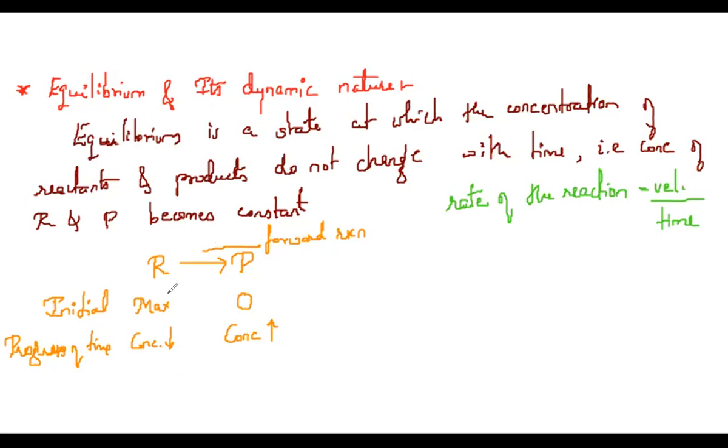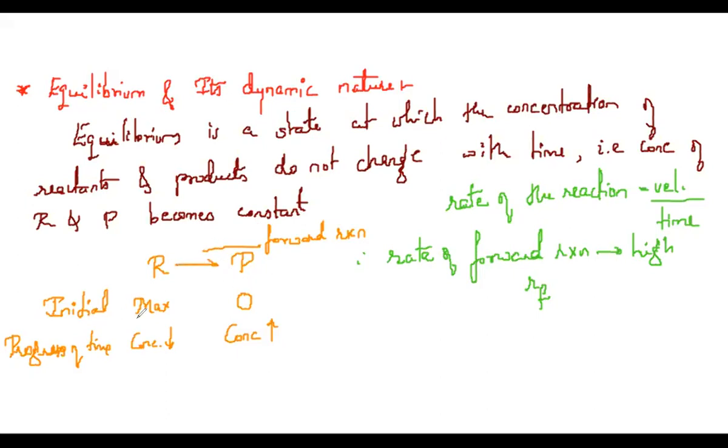Since in the initial state the reactant concentration is maximum, the rate of forward reaction is high, and I represent the rate of forward reaction as RF. Product concentration is zero, therefore in the beginning there won't be any product, and therefore there won't be any backward reaction.